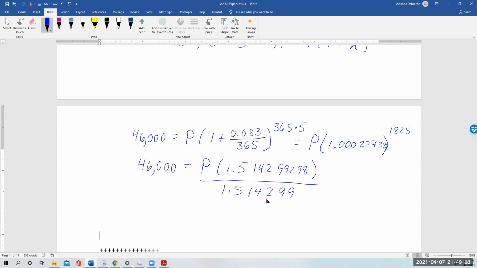When I divide both sides by this number, I'm going to have to start over with the 46,000. But as long as you have enough digits written down, you should be okay, and it'll be more or less accurate.